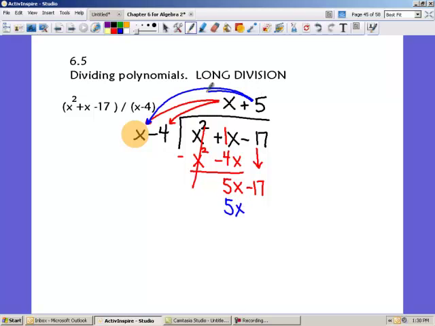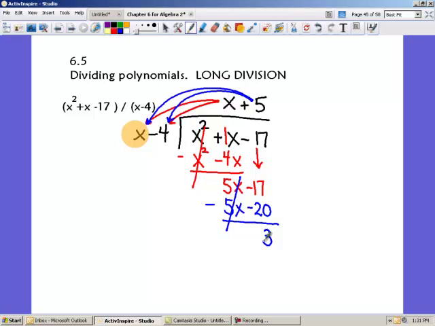And 5 times negative 4 is negative 20. And we subtract. These two are done. We have negative 17 minus a negative 20, which is really negative 17 plus 20. And that's going to give us a positive 3.